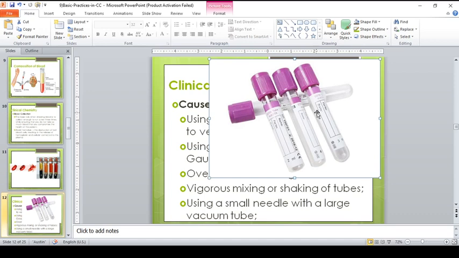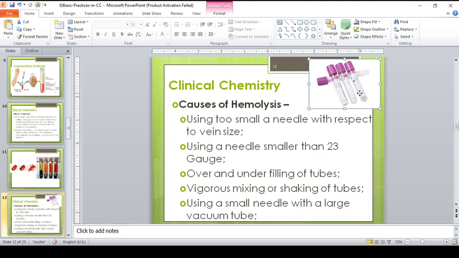If you put more blood, that is overfilling of the tubes. But if it is less, the blood does not reach this level, that is underfilling of tubes. So overfilling and underfilling may also lead to hemolysis.